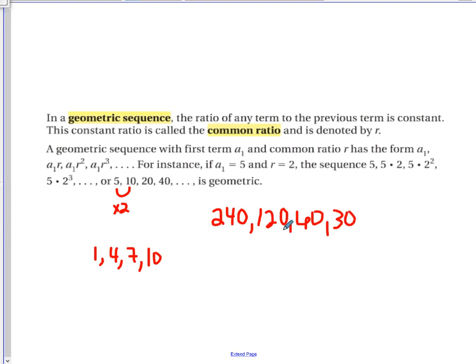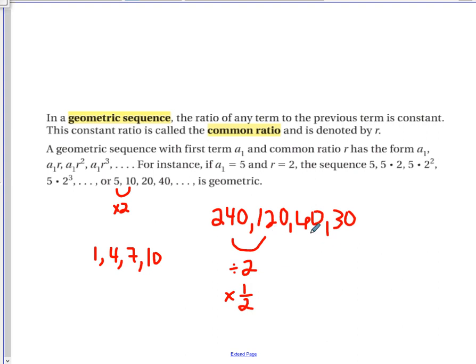If you notice, each time we go down in this sequence, from 240 to 120, we are dividing by 2. But in geometric sequences, we don't show it as division. We show it as multiplying by a fraction. So instead of dividing by 2, I could multiply by 1/2. 120 times 1/2 is the same as 120 divided by 2, which is 60.